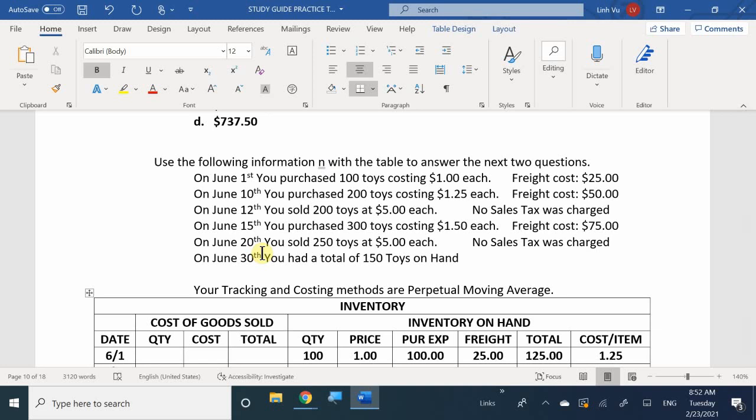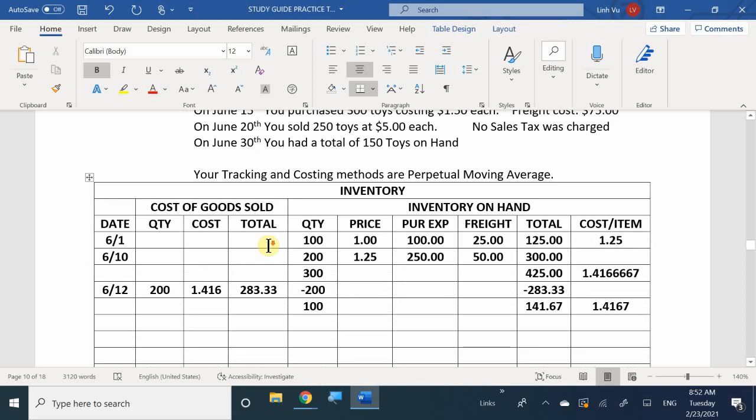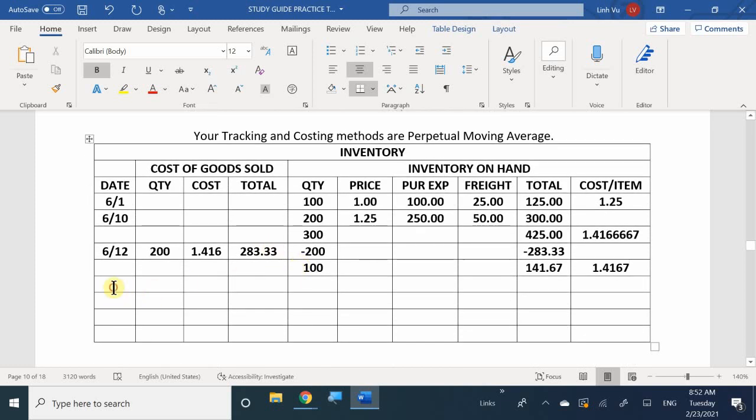What happened on June 15th? You purchase another 300 toys at $1.50 with a freight of 75. Yes, so June 15th, we purchased another 300 items costing me $1.50 each, which, what's my total purchase price? $450 plus 75 gave me a total of $525.